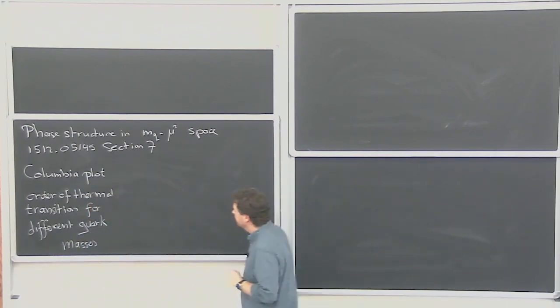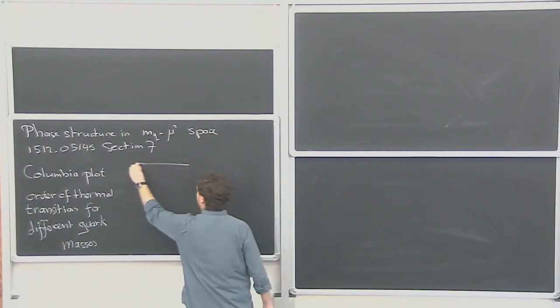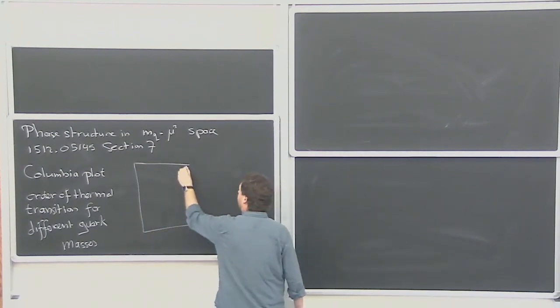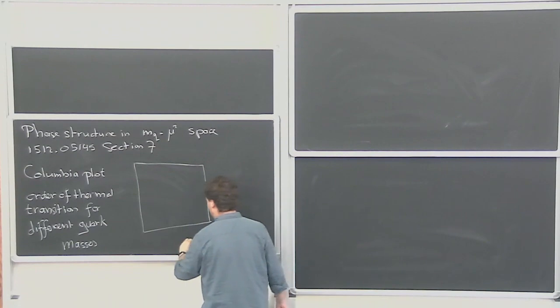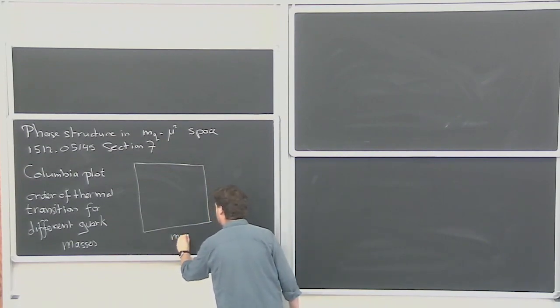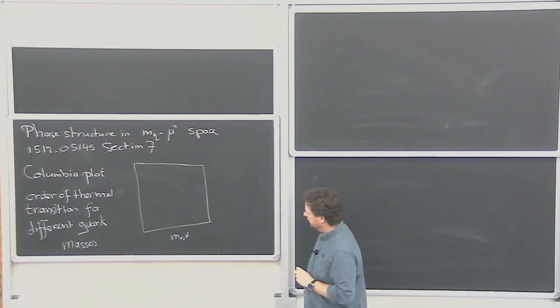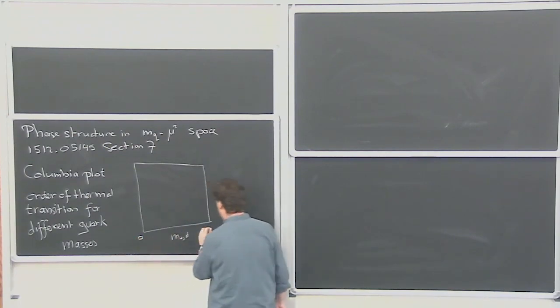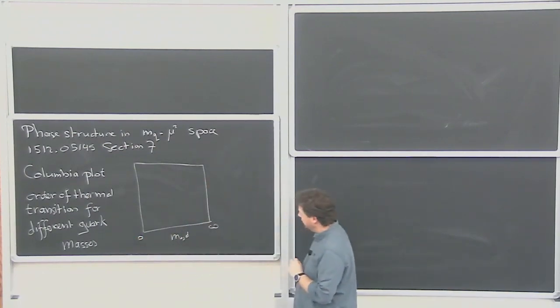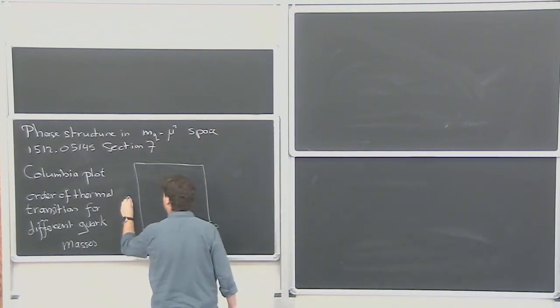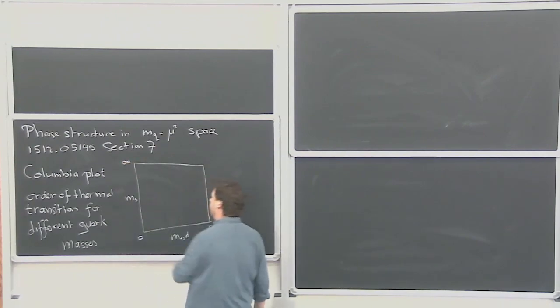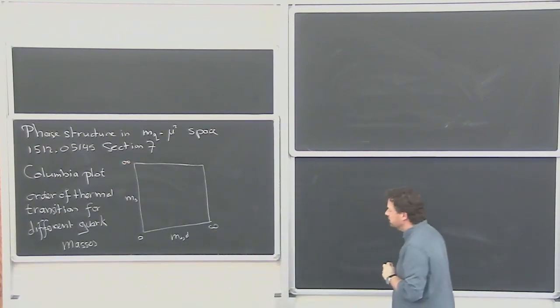If we take the up and the down quark degenerate and the strange quark different, then we have two directions. On the horizontal axis we put the light quark mass, varying between 0 and infinity, and on the vertical axis the strange quark mass, again between 0 and infinity.